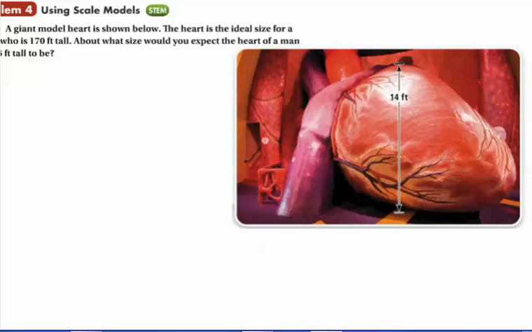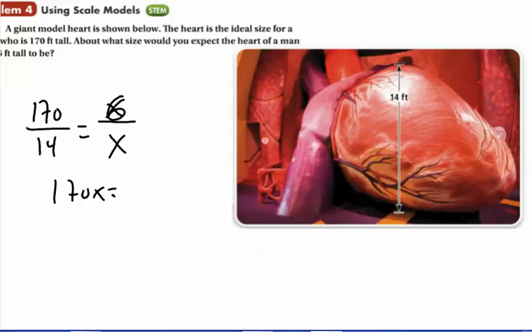Okay, so if the man is 6 foot tall, and that's a 14 foot heart, so 170 feet for the man over 14 foot heart is equal to 6 over how tall of a heart, so that's x. So now you have 170x equals 14 times 6.